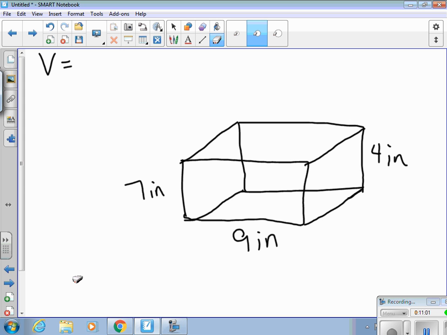I want you to start with the formula. Just so we learn it, start with the formula, substitute it in, then use your calculator to give me an answer. So you should have 3 lines. I know y'all hate me for doing it, but you got to learn it. Length times width times height.